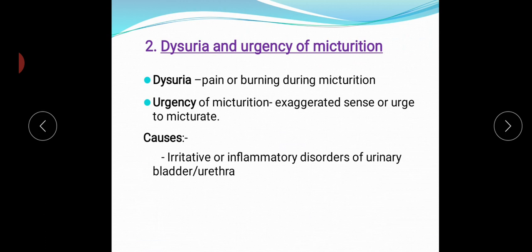If there is an infection, because of which there is inflammation within the bladder or urethral portion, it may lead to this condition. It may be due to an infection, or many times due to a stone. If a small stone is present within the bladder, it may cause irritation there and lead to urgency or burning during micturition.